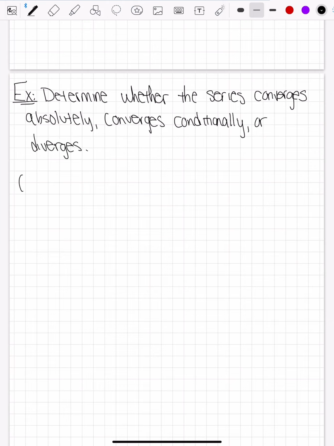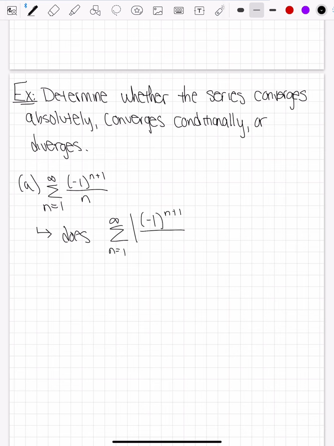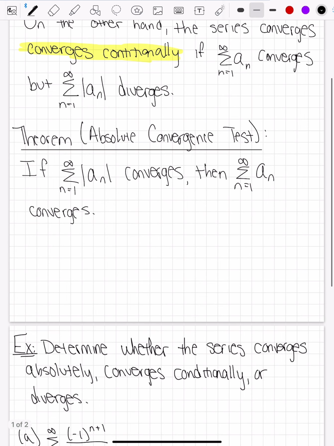So the first example that we'll do is the sum from 1 to infinity of (-1)^(n+1) over n. Since we want to check whether it converges absolutely, the first thing we should check is whether the absolute value of that sequence converges, because that's what the absolute convergence test says: if the absolute value converges, then we're guaranteed to have convergence.